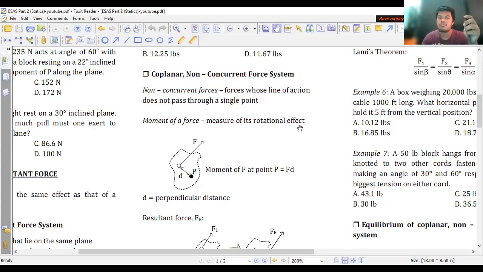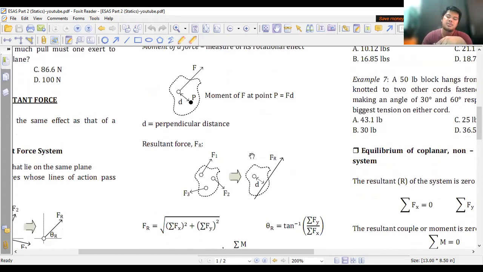For example, you have a force F. To calculate the energy or the work done, that is force multiplied by the horizontal distance, not the perpendicular distance. But if you multiply it with the perpendicular distance, then you are calculating a torque or moment.